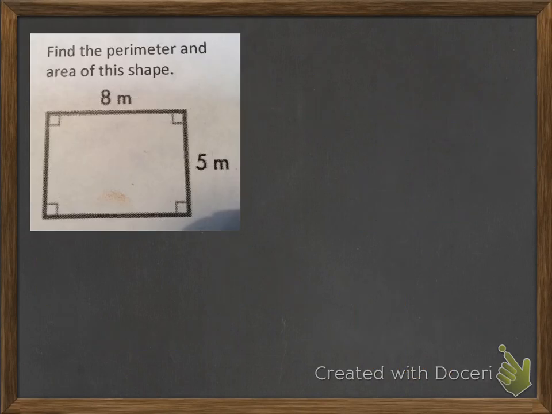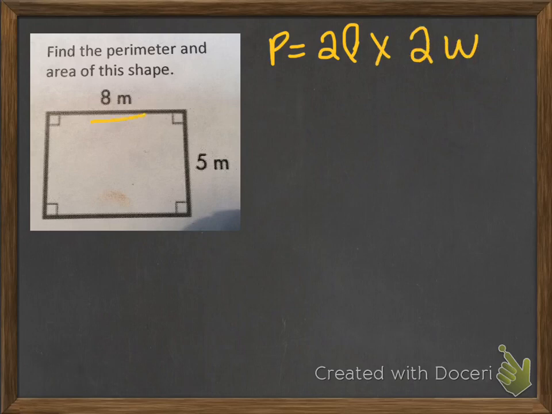In this problem, they've already given us the drawing, so we don't have to draw anything. It says find the perimeter and the area of this shape. So let's work on perimeter first. Perimeter is equal to 2 times the length plus 2 times the width. So we've got the measurements here.